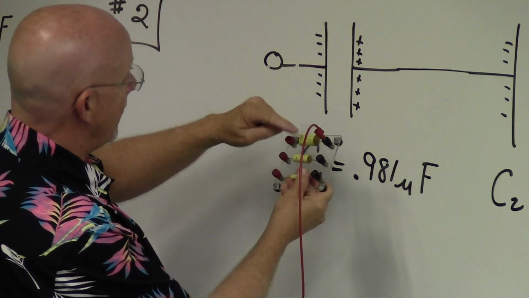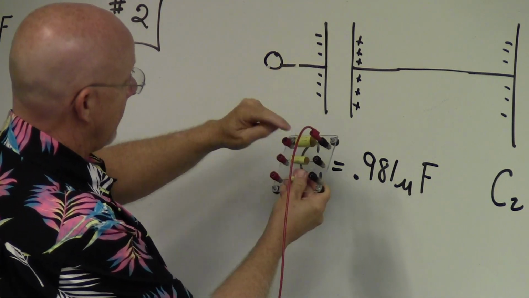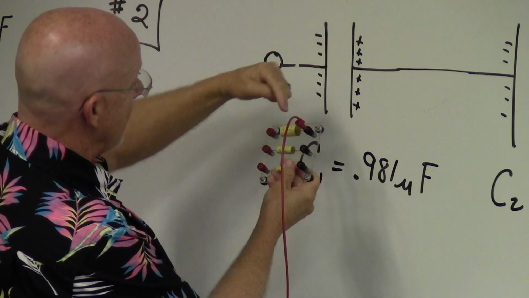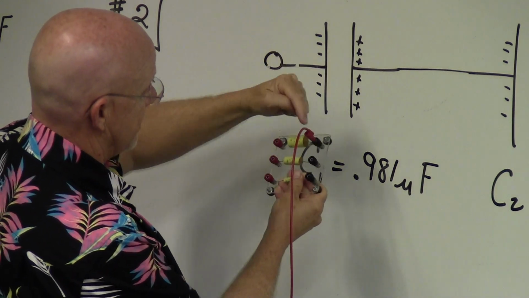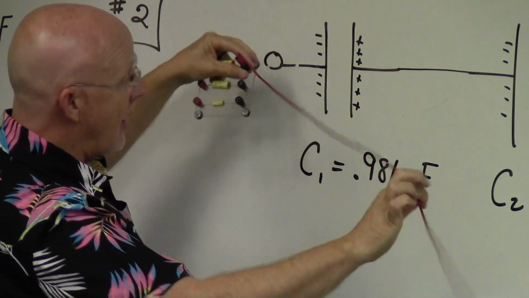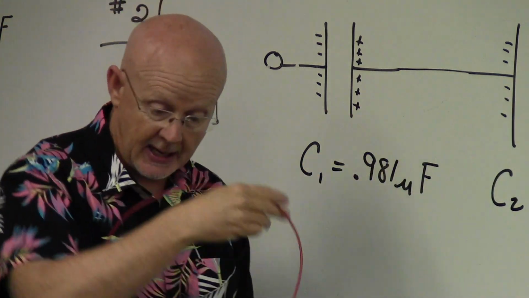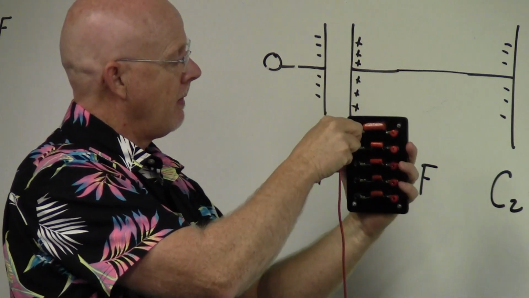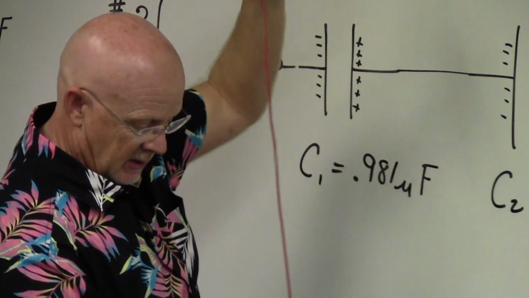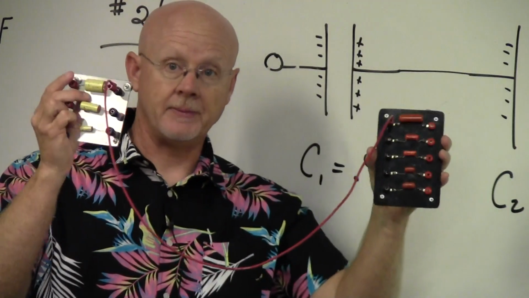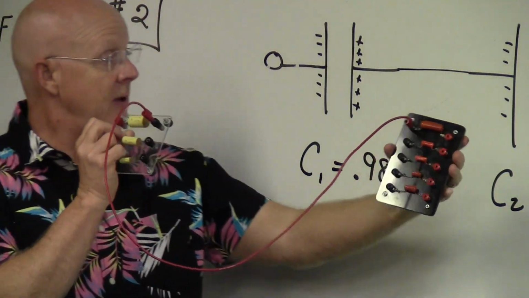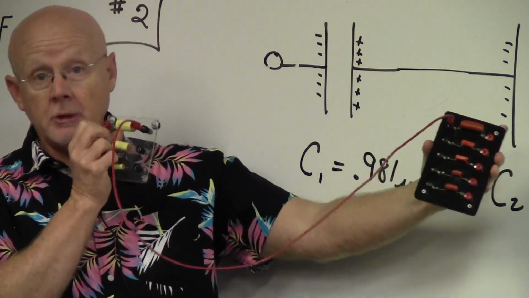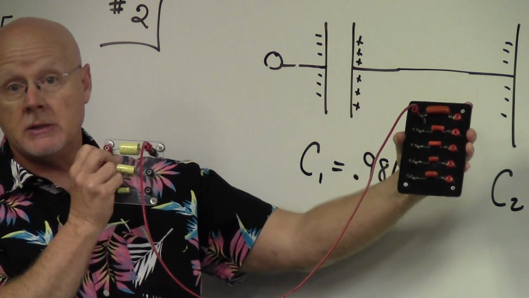This would be what I'd call the first plate of the first capacitor. And then this other side is the second plate of the first capacitor. And then this is the wire that I'm going to use to connect to the first plate of the second capacitor. And so hopefully what we drew on the board looks a little bit like what I hold here in my hand.